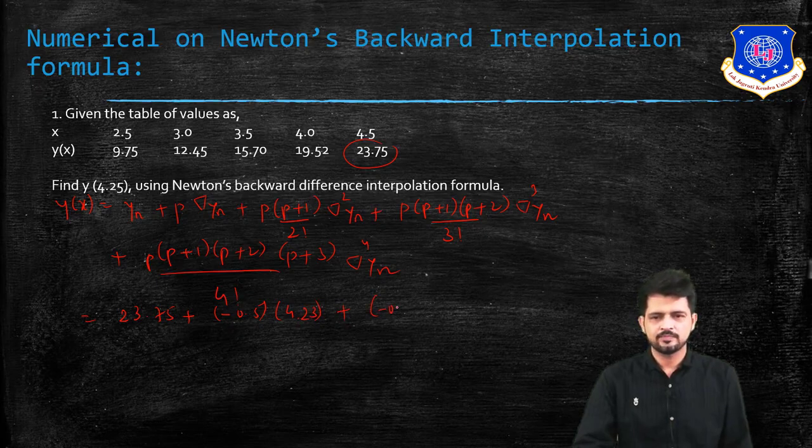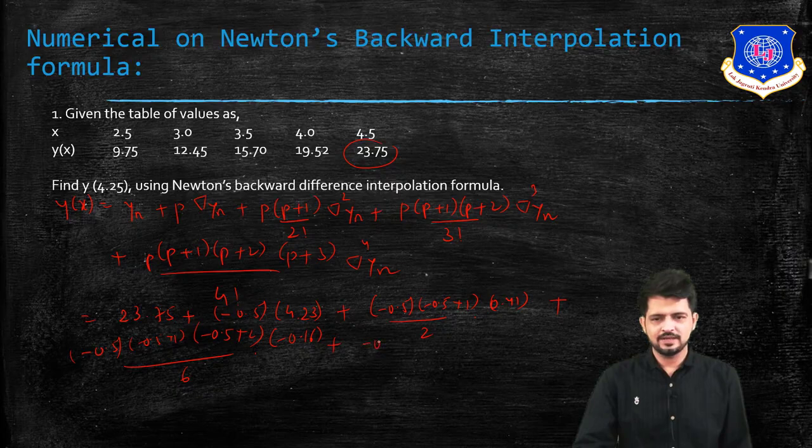Then minus 0.5 into minus 0.5 plus 1 upon 2 factorial, which is 2, and nabla square yn is 0.41. Plus, then we have to write minus 0.5 into minus 0.5 plus 1 into minus 0.5 plus 2 upon 3 factorial, which is 6, and nabla cube yn. Our nabla cube yn is minus 0.16.